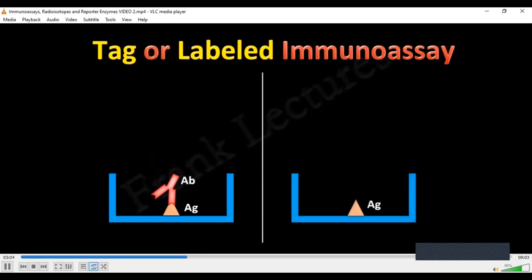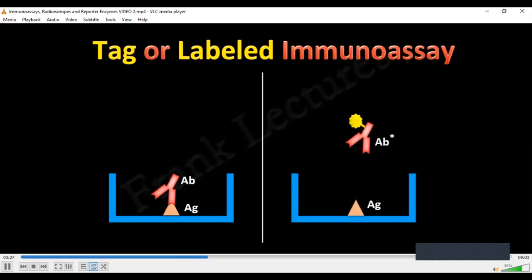Again, this is a microtiter well containing the same immobilized antigen. And this is the specific antibody to this antigen. But this time, this antibody is tagged, or labeled. By tagged, or labeled, we mean that this antibody is bound covalently to a detectable tag.